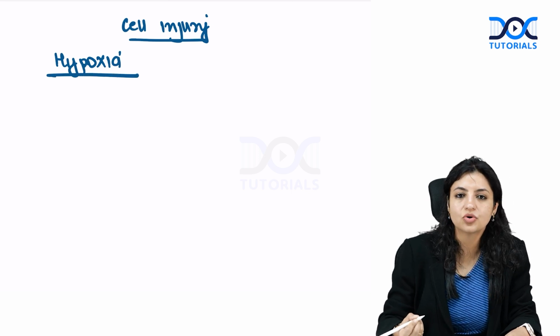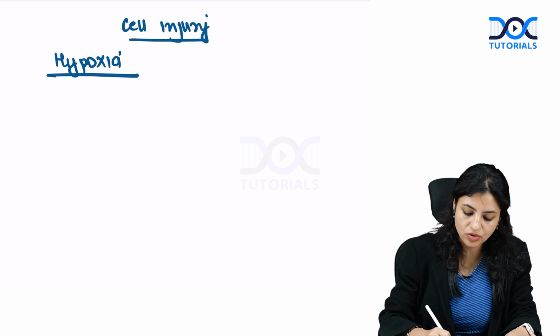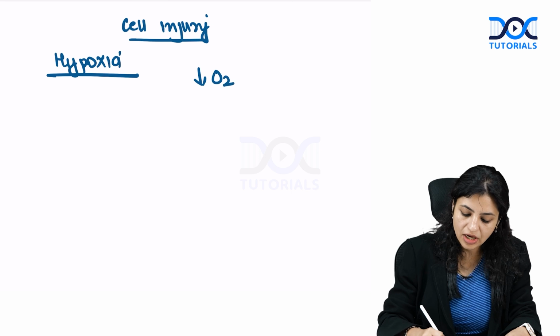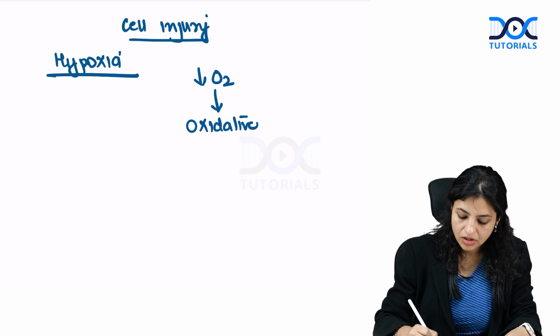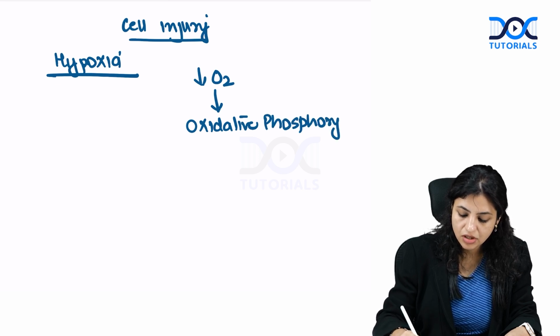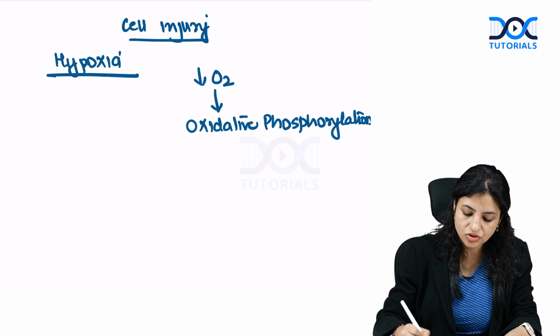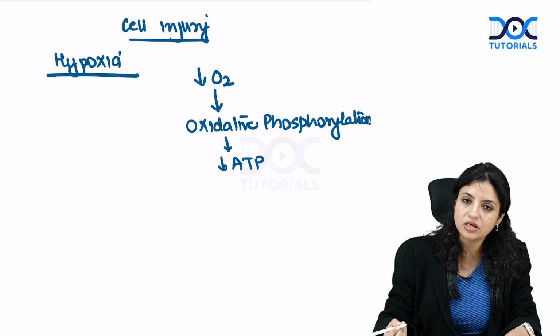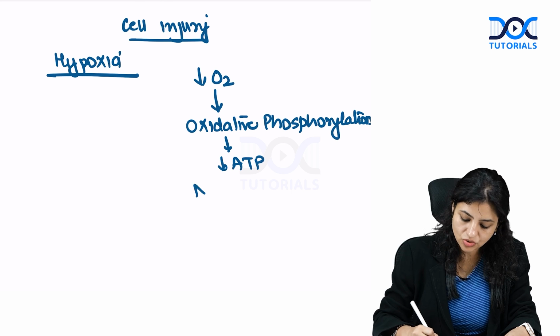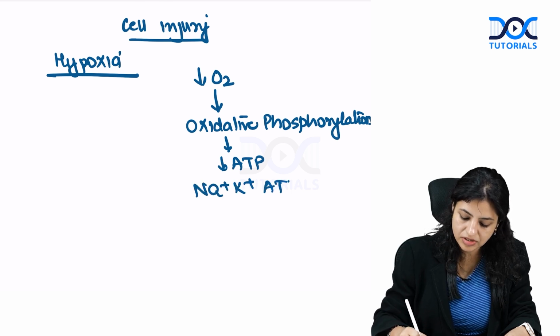As soon as you cause hypoxia, automatically the oxygen is going to reduce, and oxygen is most important for oxidative phosphorylation. This is the main mode of respiration. Once oxidative phosphorylation stops, your ATP is going to fall down. When the ATP decreases, this leads to stopping of functioning of sodium potassium ATPase pumps.